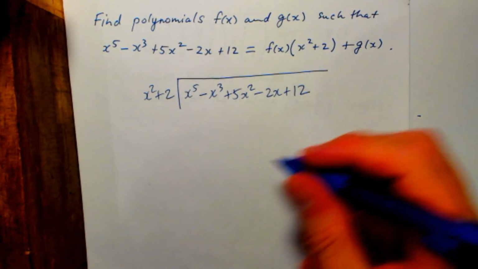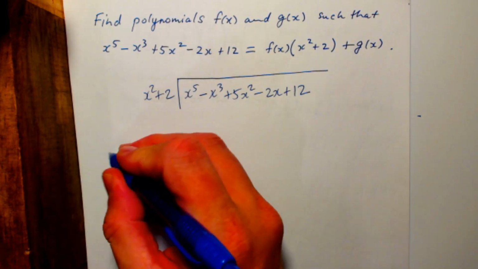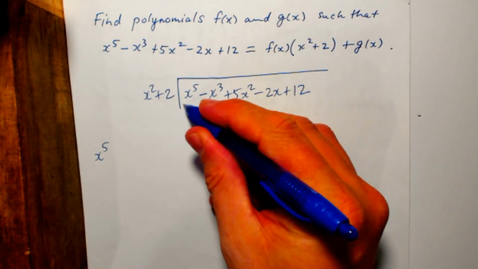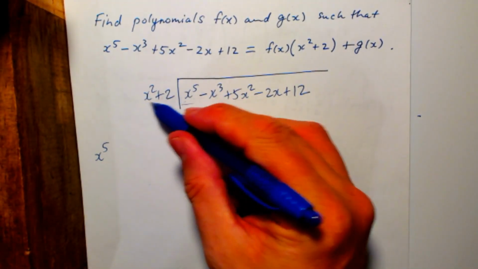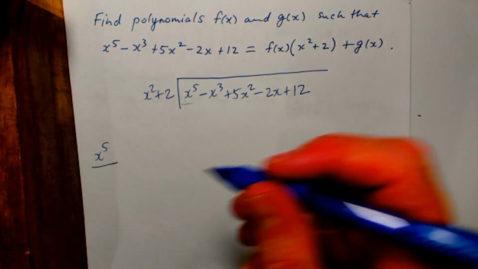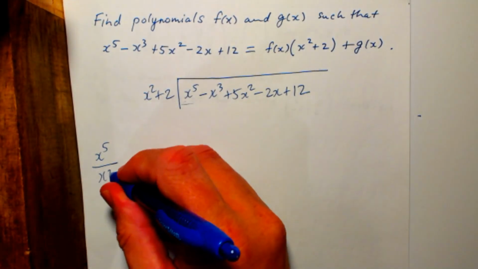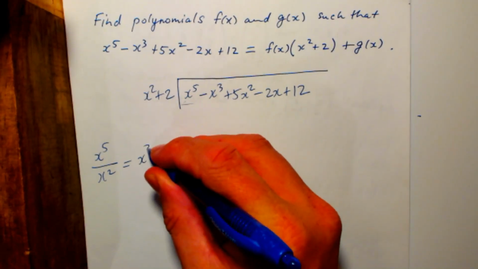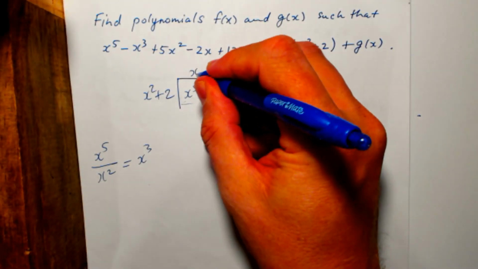Okay, now what we do first is, maybe on scratch paper, what is x to the fifth, in other words, this leading term divided by this leading term? So that's x cubed. Okay, we write that above.